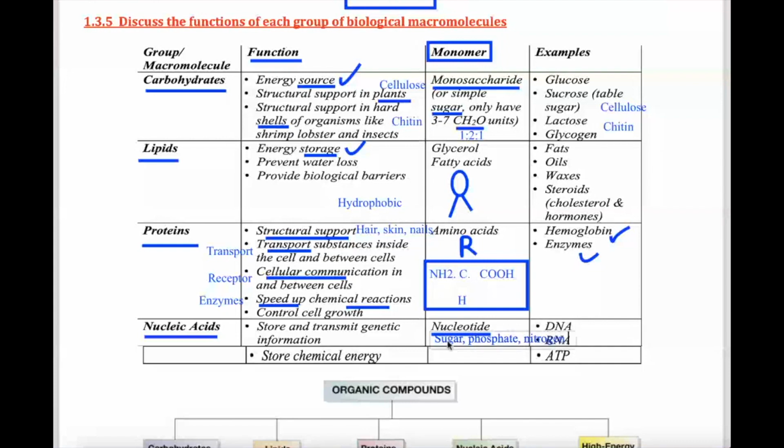So this is how the nucleotide is made up. They are very important to store and transmit the genetic information. They also help to store energy. Storing energy is ATP, and transmitting the genetic material is DNA and RNA.